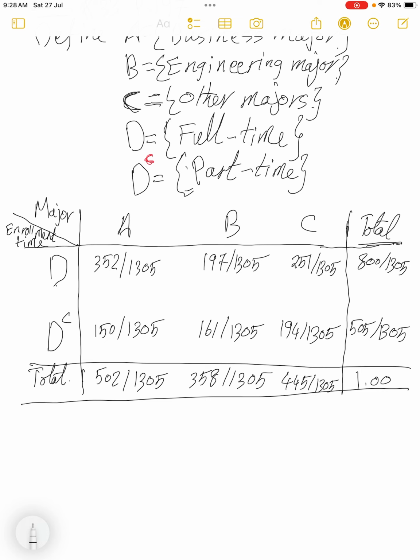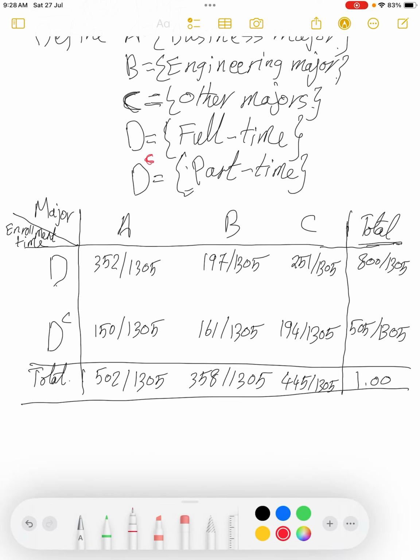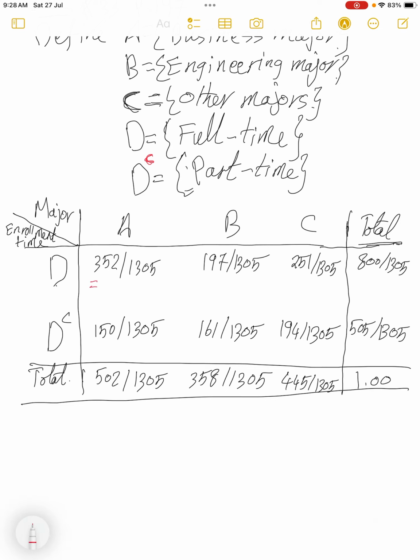Here, calculator. You will have 352 divided by 1,305 equals 0.2697. I like to take the first 4 decimals after approximation.